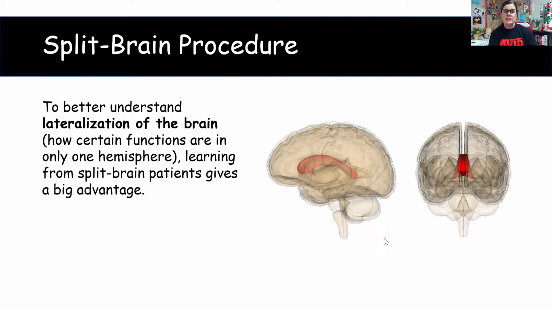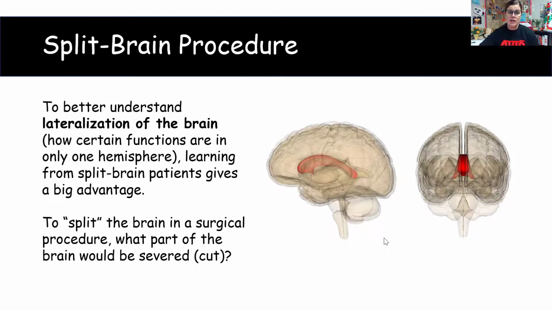To better understand lateralization of the brain and how certain functions are in only one hemisphere, split brain procedures are done, and we learn from these split brain patients. It really has helped science understand the function and the role that the different hemispheres play in our behavior.